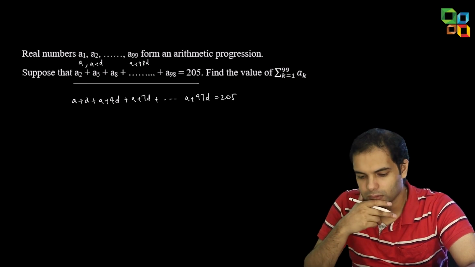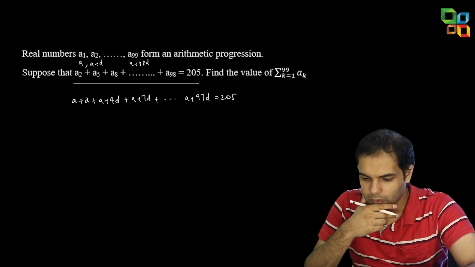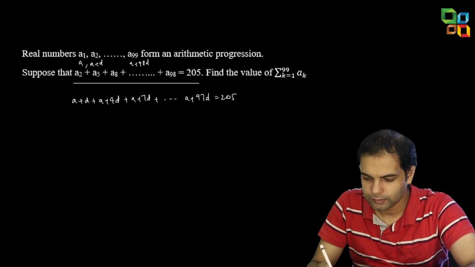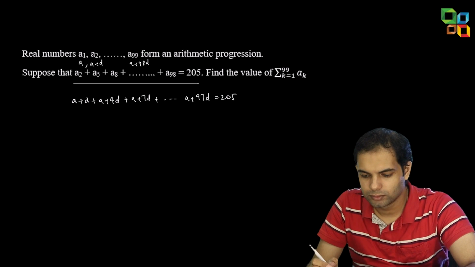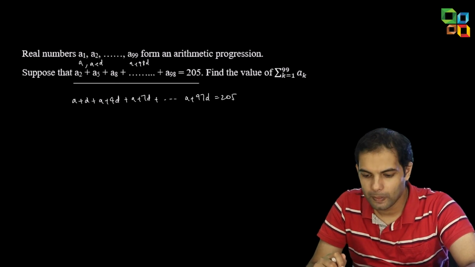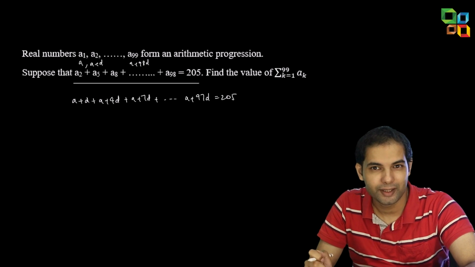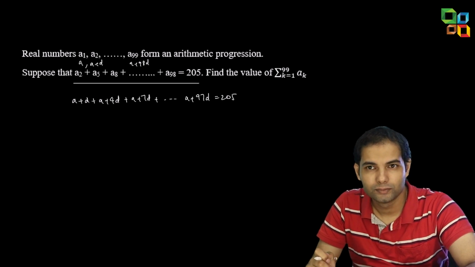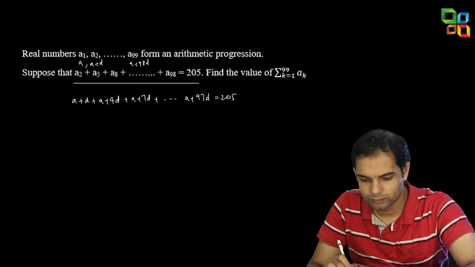So here I found the sum. What is the sum? 96 A's? Are there 96 A's? 97A. Are you sure there are 97 A's? Oh no. I found that the pattern is 2, 5, 8.